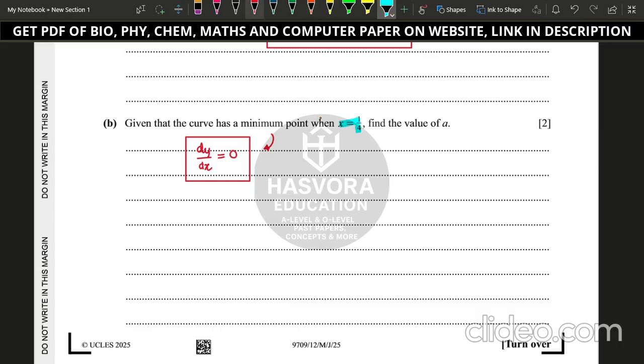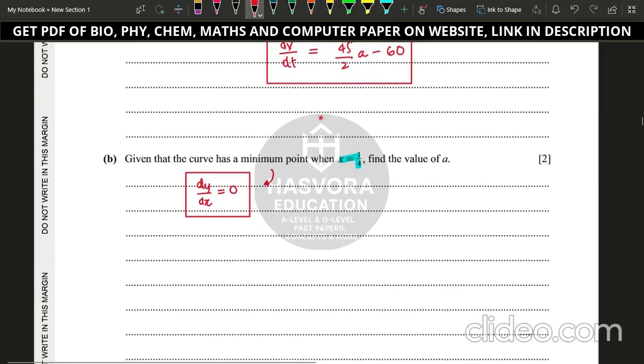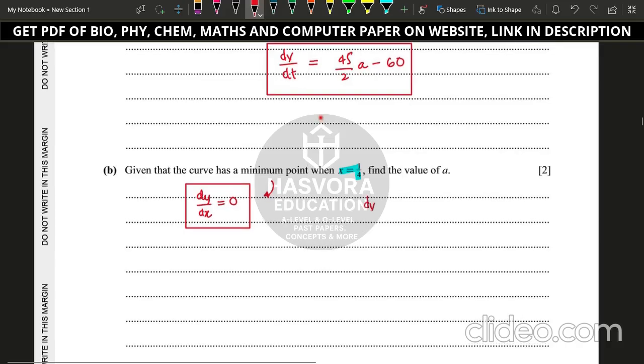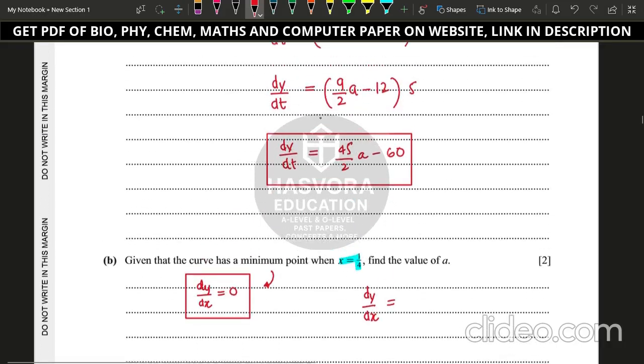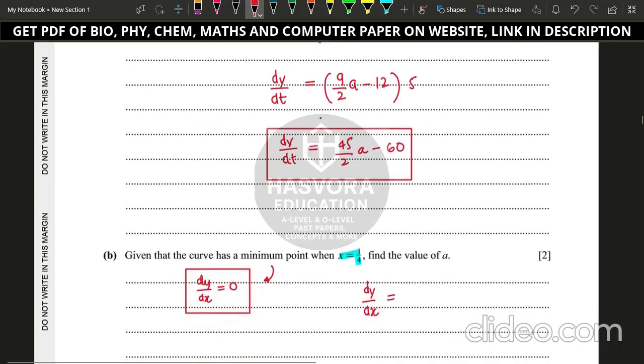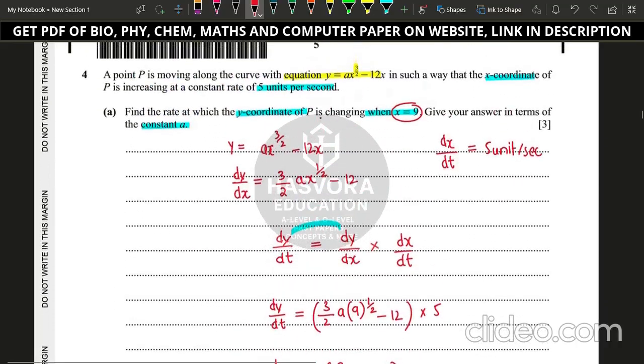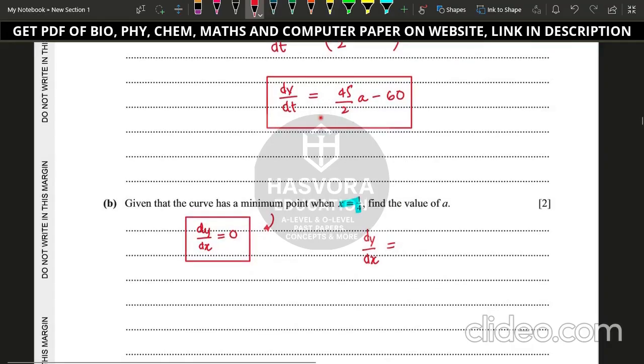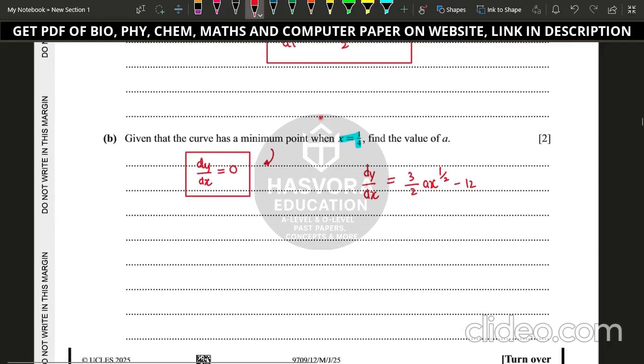Now we have already figured out what the dy by dx was. Let me just give me a second. It was 3 by 2 a x power half minus 12. Now when x is 1 by 4, let's plug in the value of x, and dy by dx will be 0.